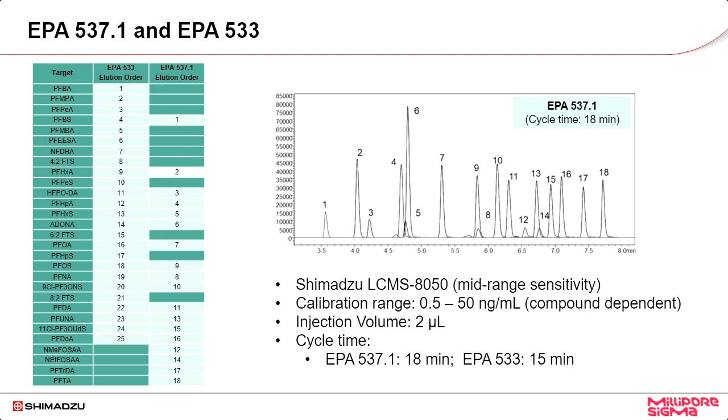The cycle time for this method is 18 minutes, and for 533 is a little bit shorter, 15 minutes. In both cases, this cycle time is more than 50% shorter than the original methods from EPA. The reason for having those 3 minutes difference between the two methods is that we observed some carryover from some of the PFAS compounds in 537.1.